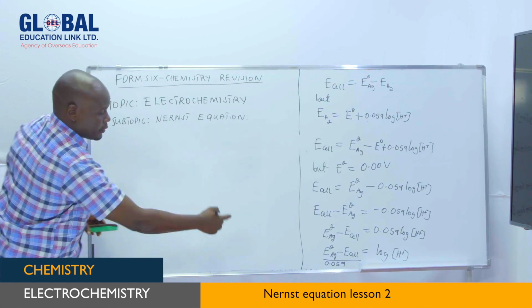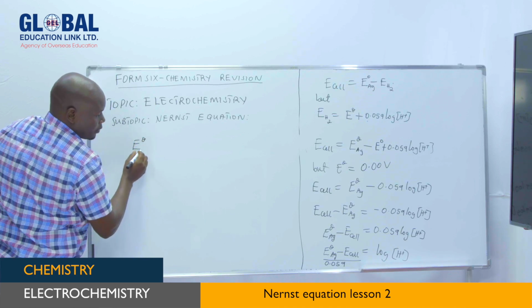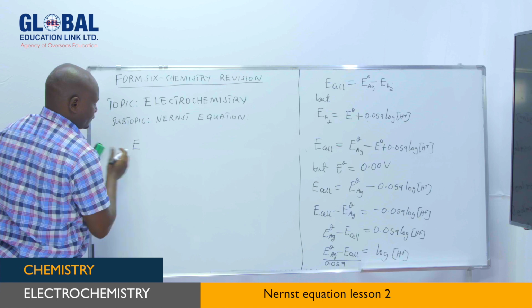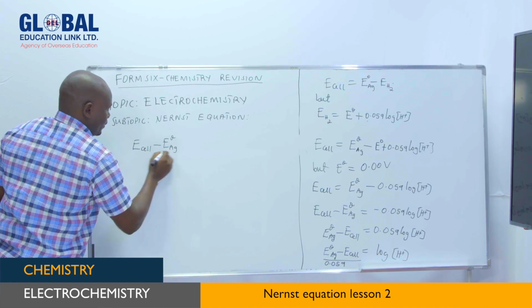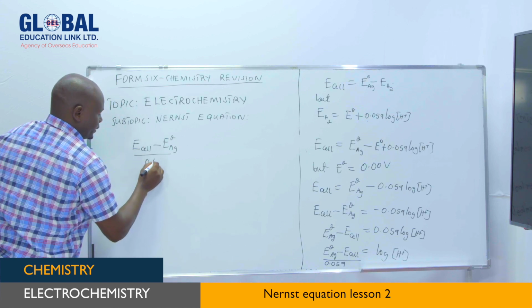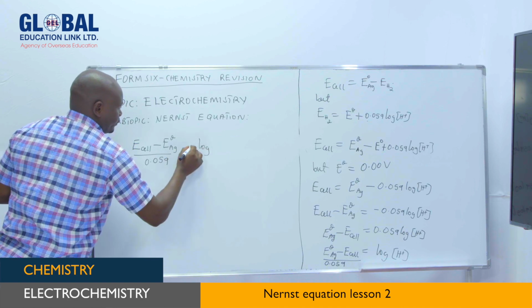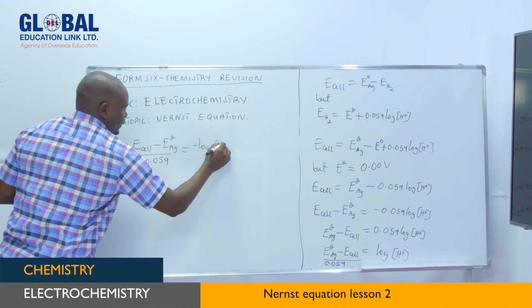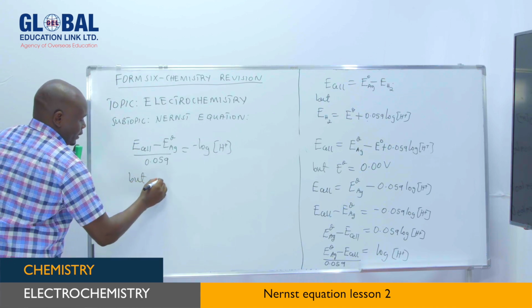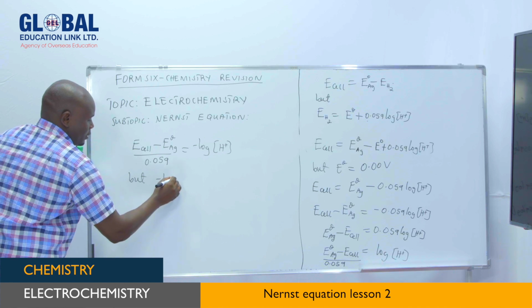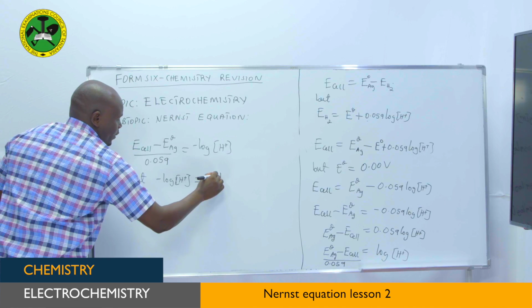So if we multiply, this equation will now be E of cell minus E standard of silver, divided by 0.059, equal to negative log of concentration of hydrogen ions.